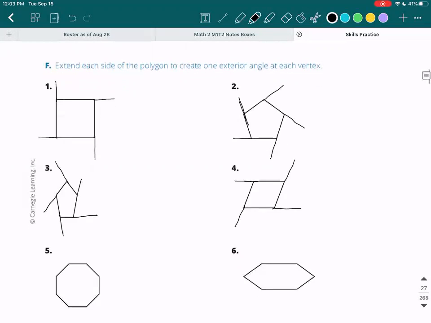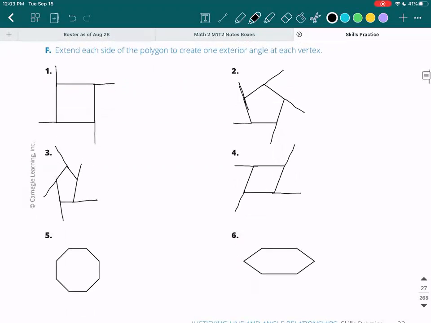Okay, let's do the 5 and 6. I'll just do this one this way. If you go the other way, it's okay too. That's not very straight, so I'm gonna fix that. Okay, that was my best attempt.